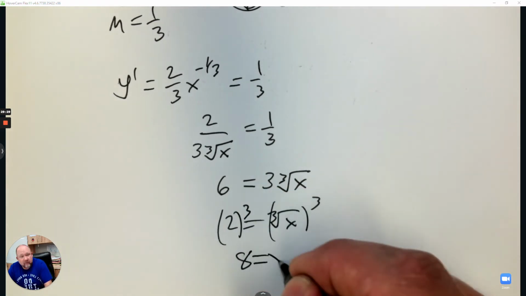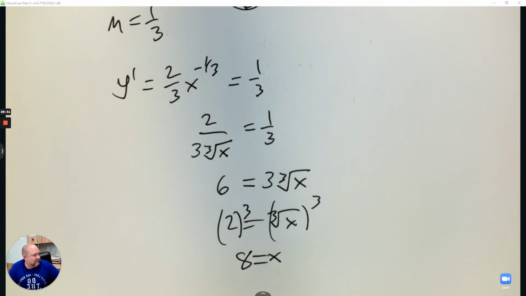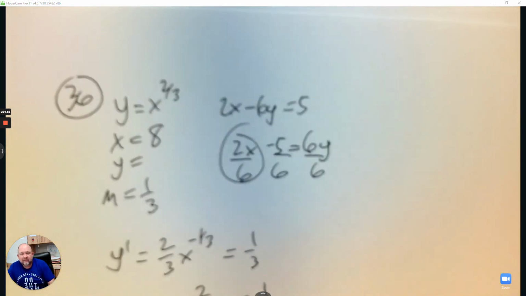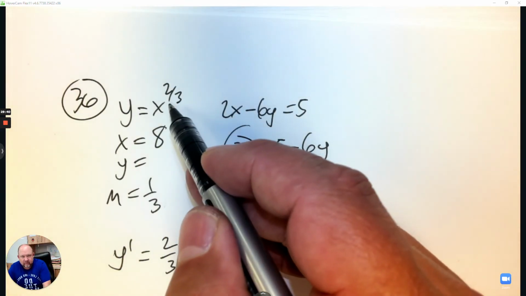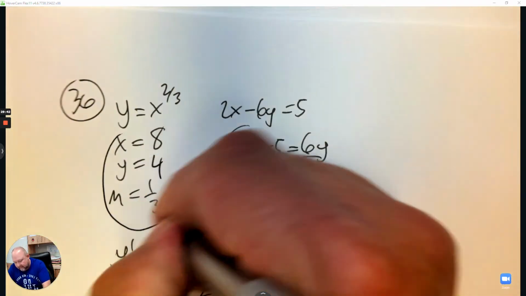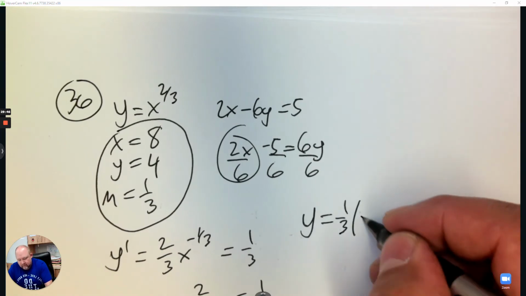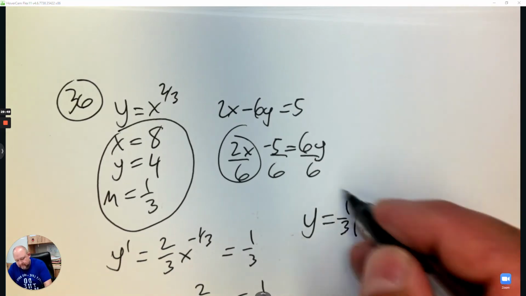And I get x equaling 8. If x is 8, plug it in. The cube root of 8 is 2, and 2 squared is 4. And now I have everything I need. So y equals 1/3 x minus 8 plus 4. Done.